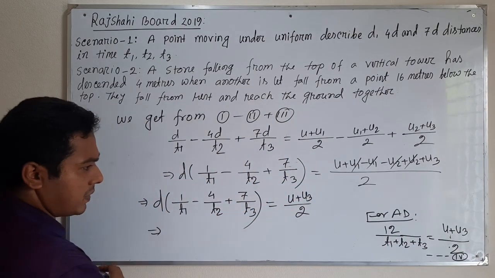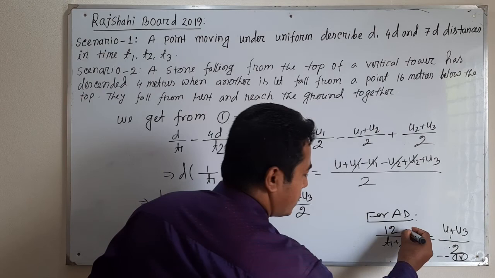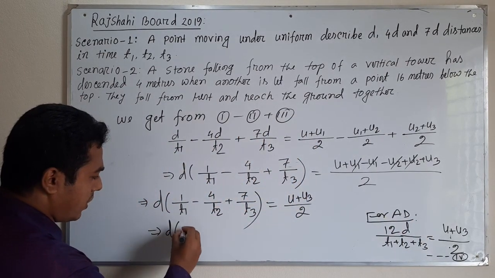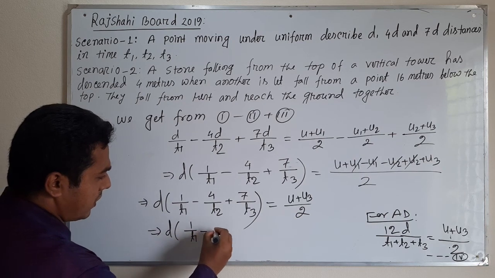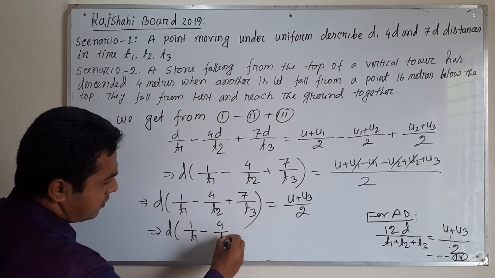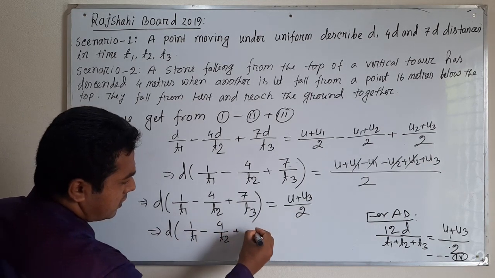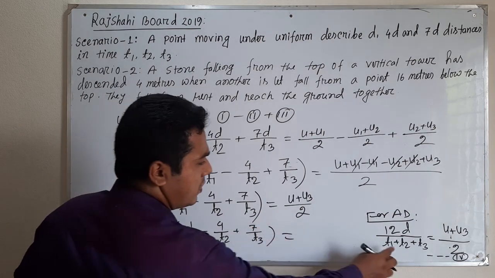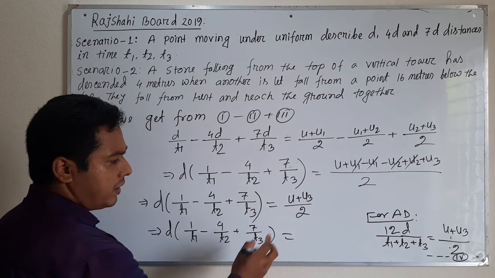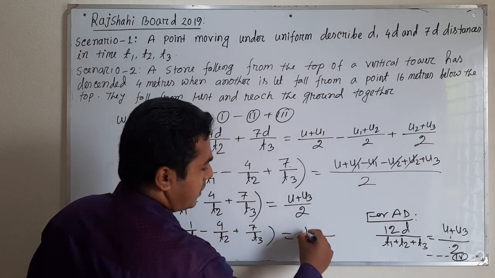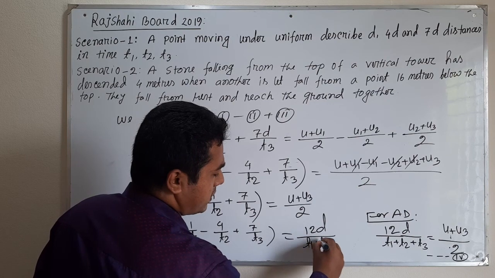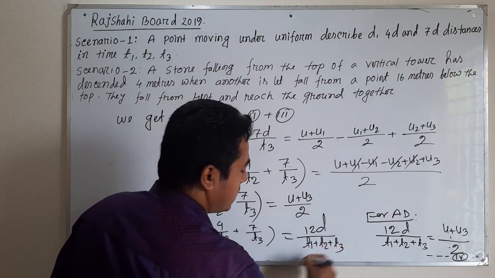Okay, by using equation 4 we can write 12D divided by T1 plus T2 plus T3.